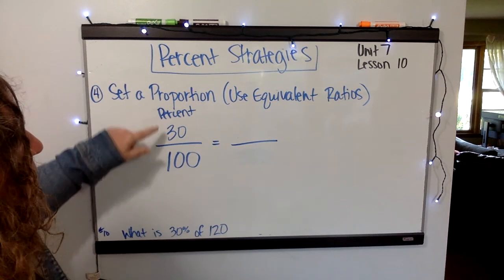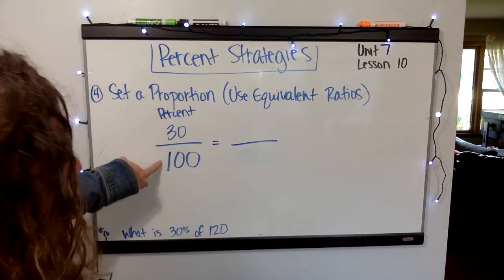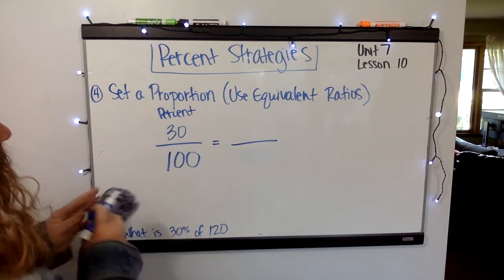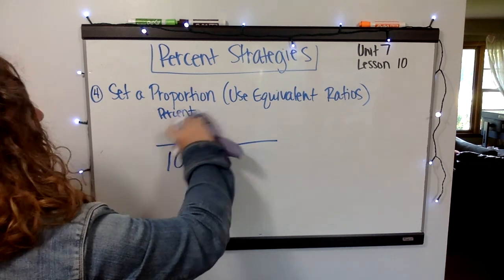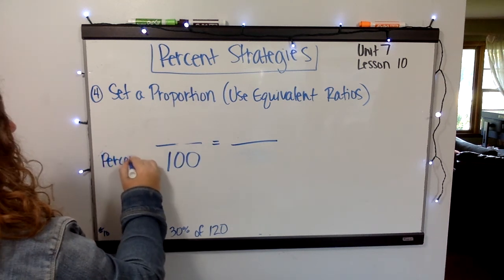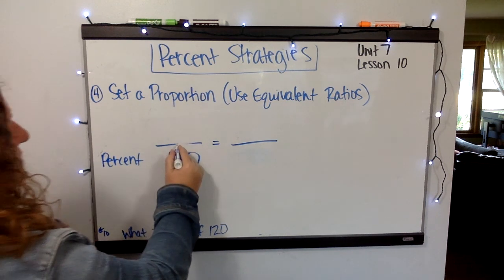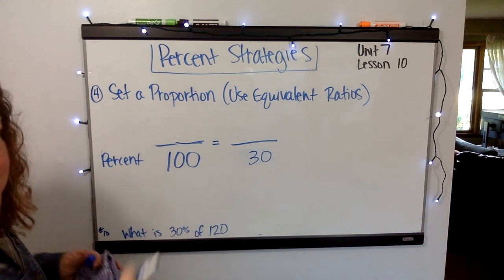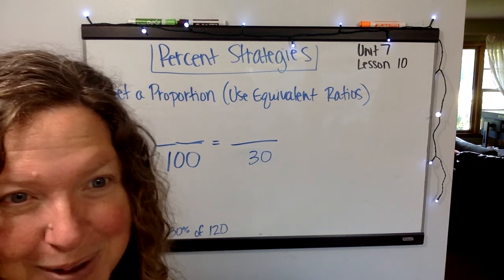So if you are more comfortable with 30% and 100%, then we can figure out what to do here. If you are more comfortable saying, no, I don't want to do it that way, I want to put percent going side to side, so this is 100%, and this is 30%, well, then do that. Works either way.